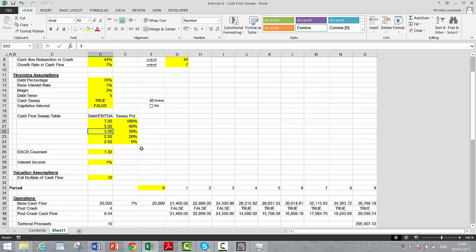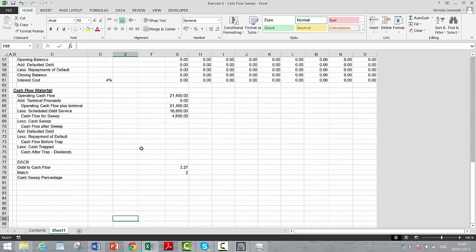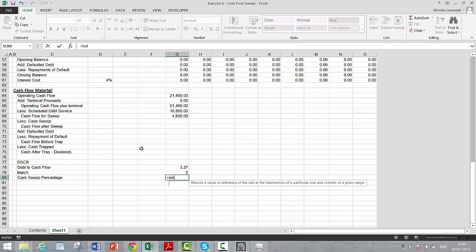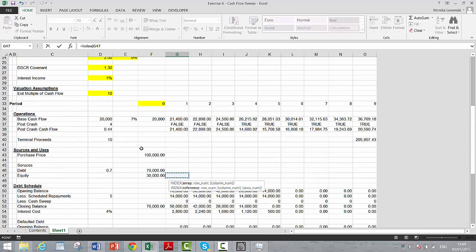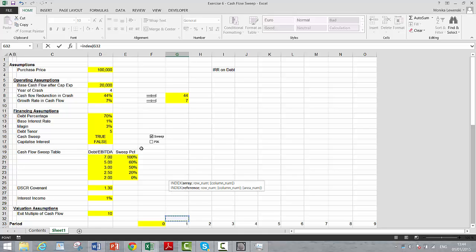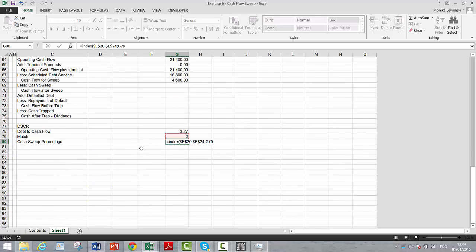If we were below 3, then we would be at 50%. But we're up to 60%. So that means our cash sweep percent is the index, and we don't have to make any adjustments. You have to be careful when you do these things. You can sometimes do them too quickly, like I do.